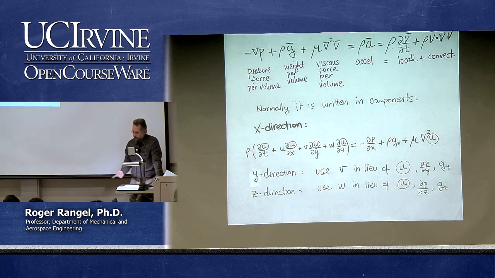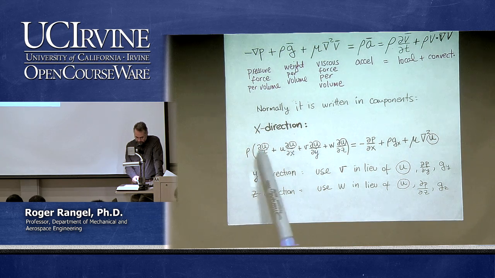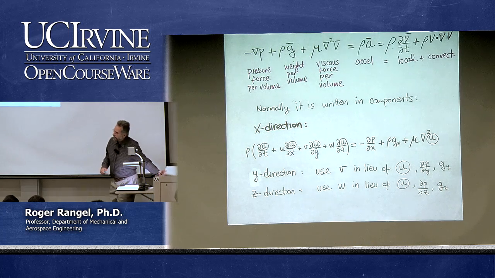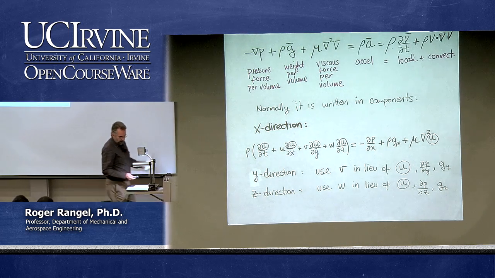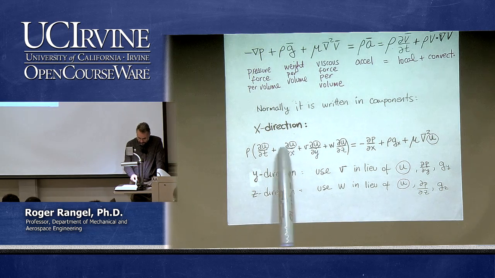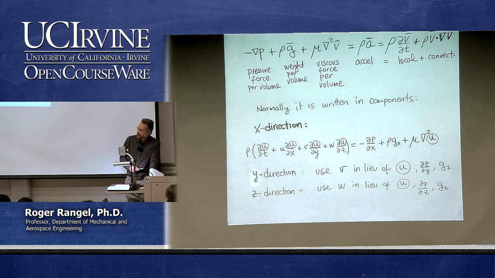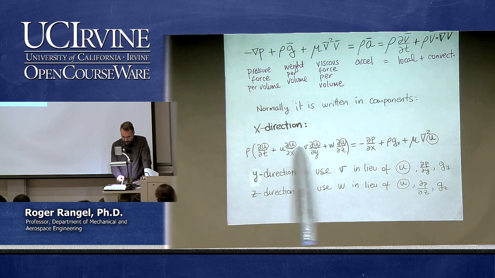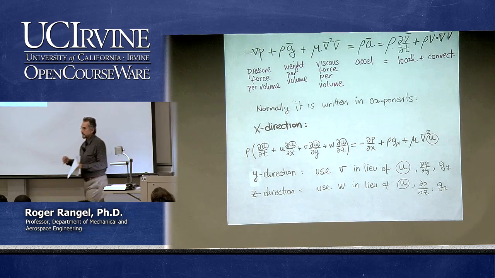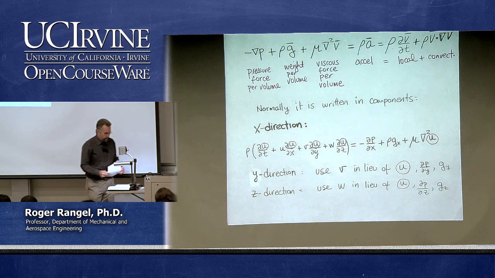I didn't write it out because it's really similar. And if you want to write the equation in the z direction, then you just use w instead of u in the equation above. Again, be careful, because in the convective terms, you don't touch this u, v, and w that appear there. Those remain the same. That's why I didn't circle them.